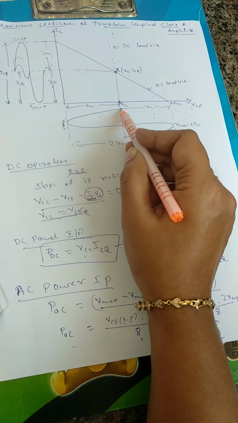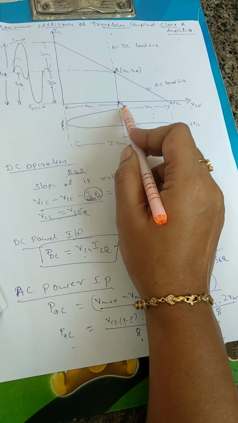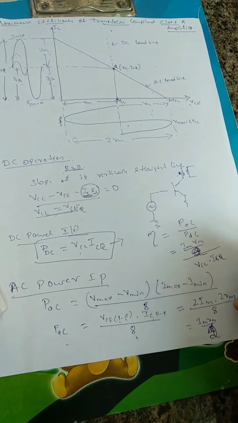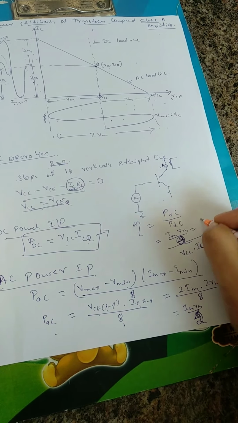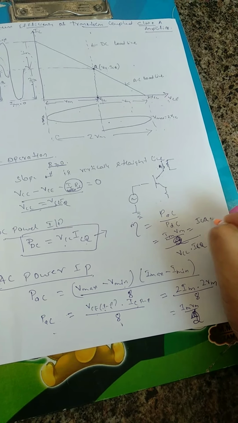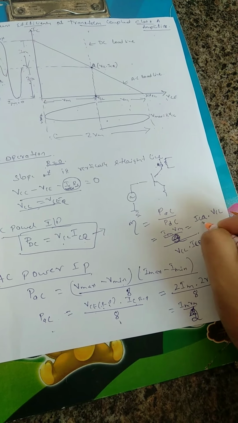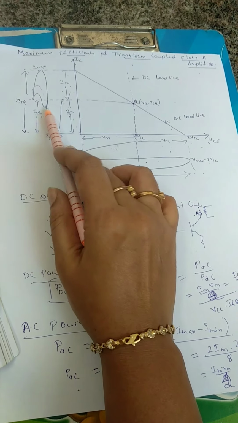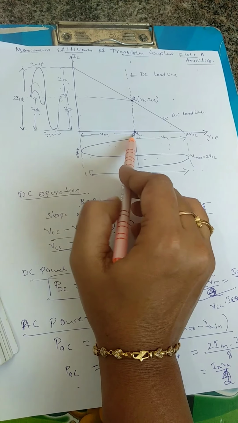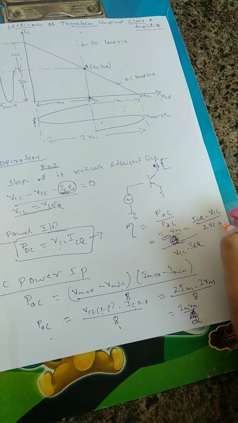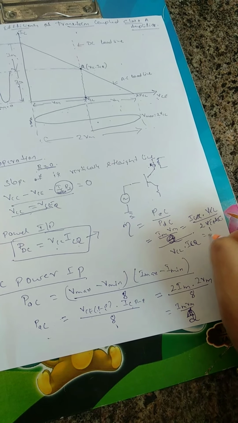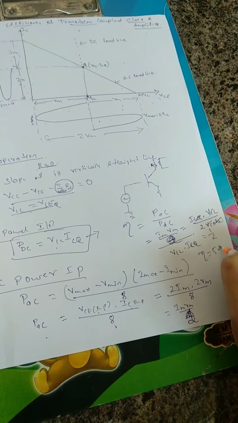Vm is from 0 to VCC, so Vm is VCC from the figure. So eta is Im Vm divided by 2, over VCC into ICQ. ICQ cancels, that is 1 by 2. Therefore eta is equal to 50%.